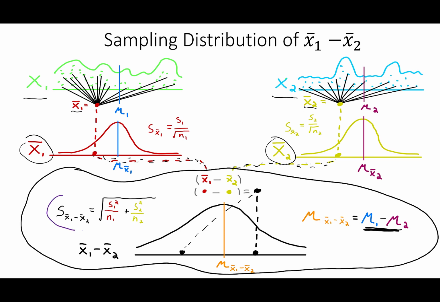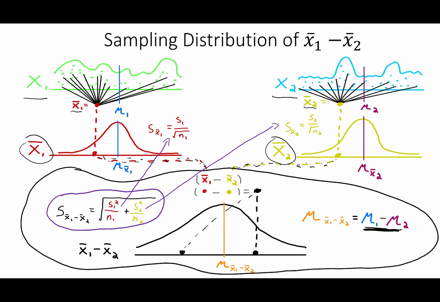This represents the standard deviation of the difference between our two sample means, S sub x bar 1 minus x bar 2. It's your standard error. And if we look at your standard error formula, it's essentially taking the spread of x bar 1 and the spread of x bar 2, and adding them together.